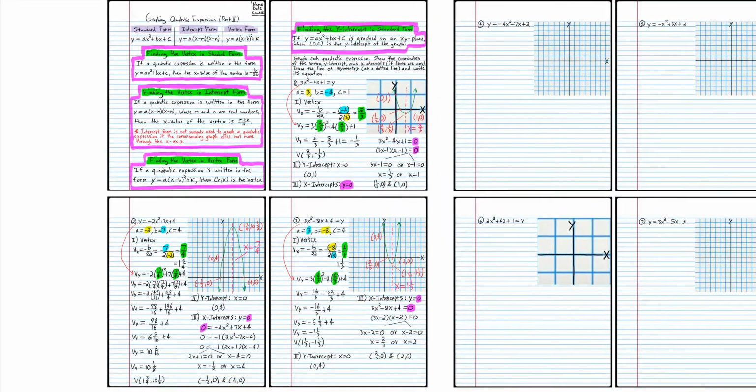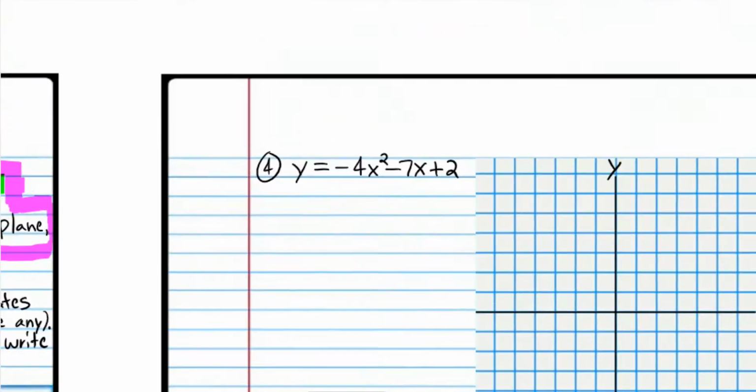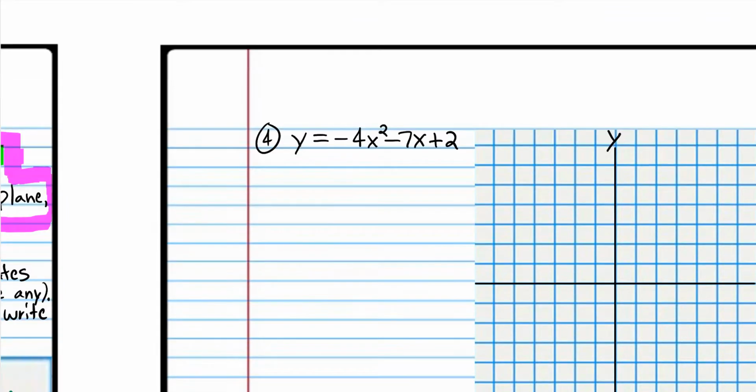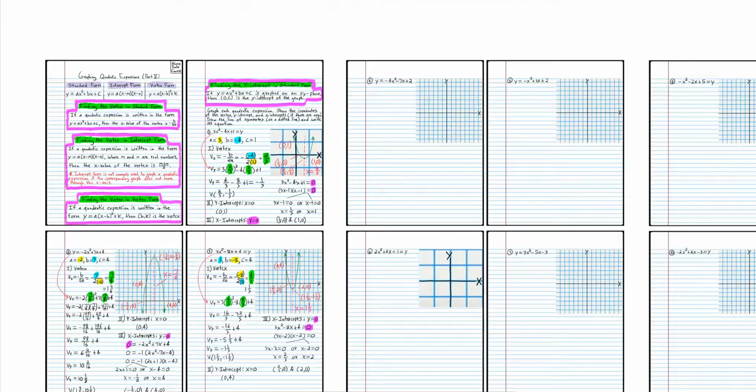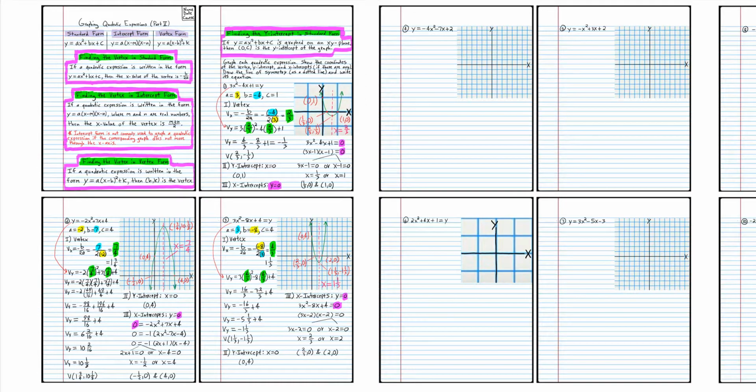Number 2 is going to be particularly useful for you when doing number 4, because you see here we have the negative coefficient in front of x squared, and when you get to the factoring part of the problem where you have to find the x-intercepts, you're going to need to use the -1 rule to make the factoring a lot easier. You don't have to use the -1 rule, but it's going to make it a lot easier. So try number 4, and when you come back, we'll do it together.